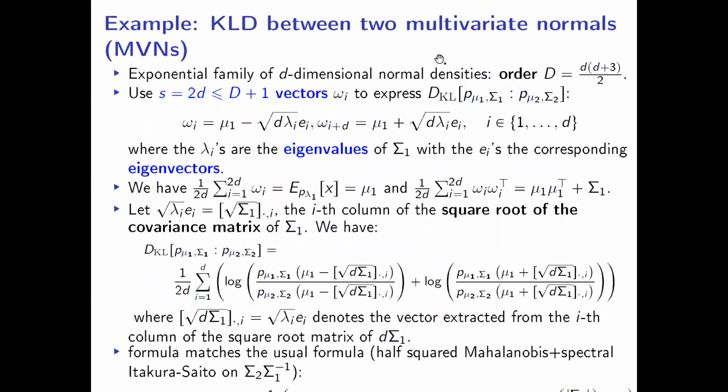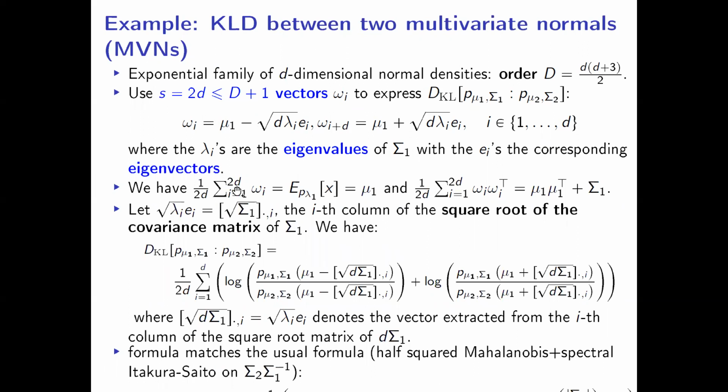So for example, let's take the multivariate normal distribution. It's an exponential family of order d(d+3)/2. We use 2d sigma points, which is less than the order plus 1 of the family. We express the KLD between two multivariate normal distributions by choosing our sigma points according to the eigenvalues and eigenvectors of the covariance matrix sigma 1.